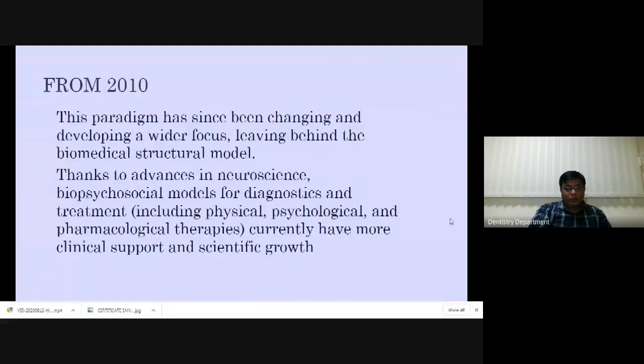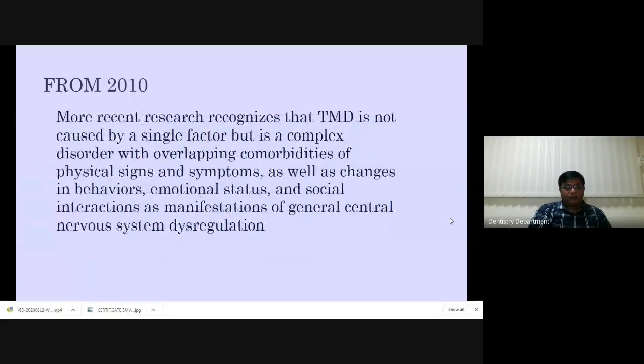So, what is the biopsychosocial model? The most recent research recognizes that TMD is not caused by a single factor, but is a complex disorder with overlapping comorbidities of physical signs and symptoms, as well as changes in behaviors, emotional status, and social interactions as manifestation of general central nervous system dysregulation.